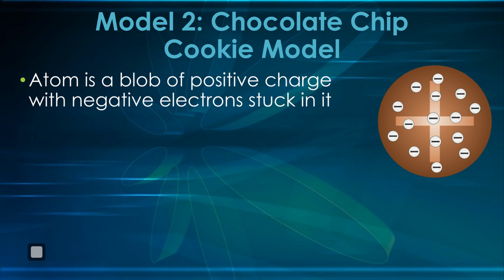And based on some experimentation, there was an understanding that the atom has a positive charge to it, but that there are these little particles called electrons. This is where we first discovered electrons, or proposed electrons.